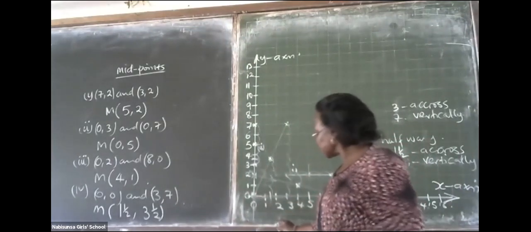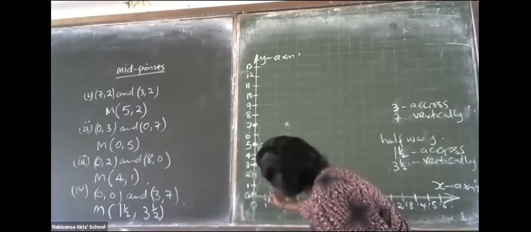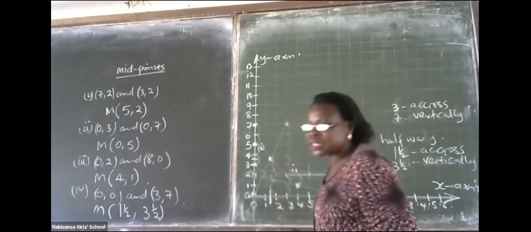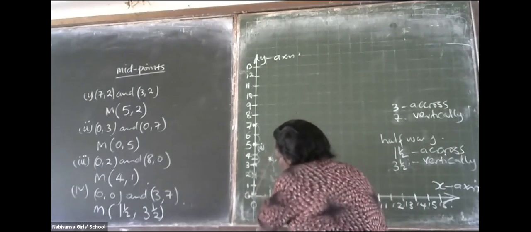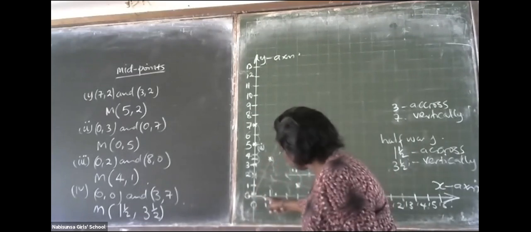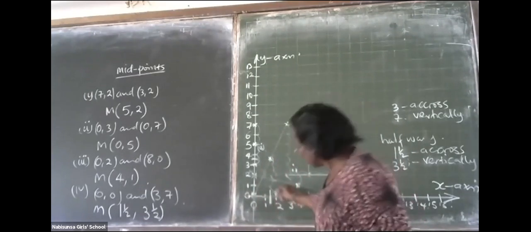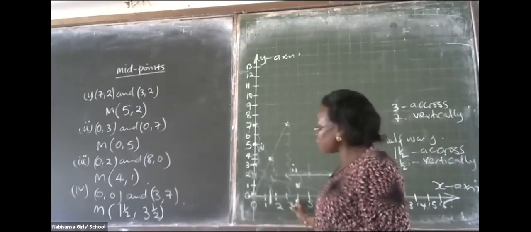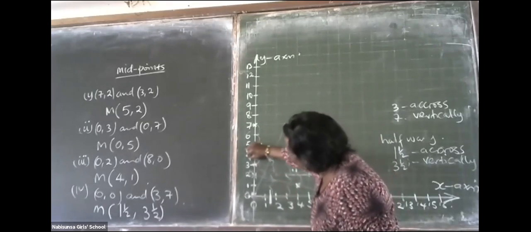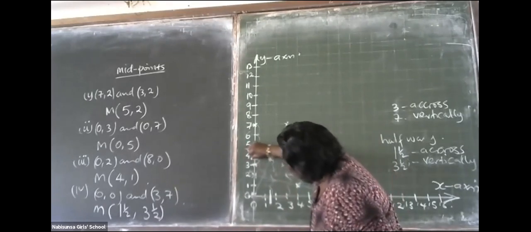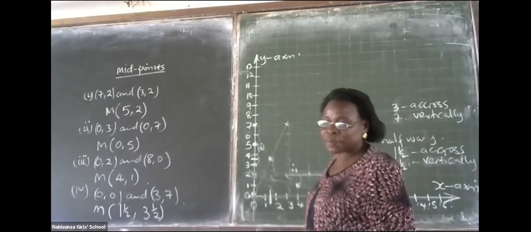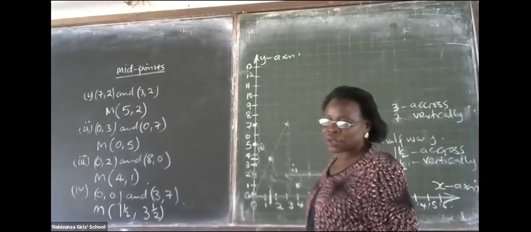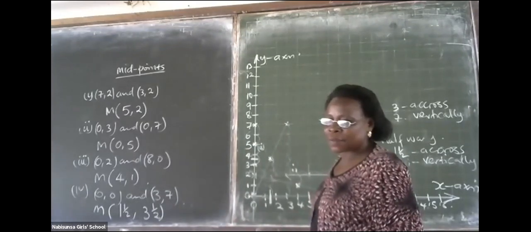Why I've said let's estimate? We are dividing this box into 2 equal parts, so your approximation should be accurate. Is this box divided by 2? Yes, we divide it by 2. This part will take a half, and this part will take a half. Even here, 3.5. So you divide it by 2. Is your question answered? Yes.